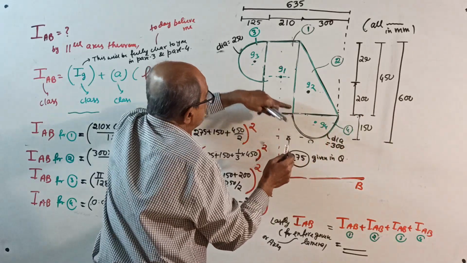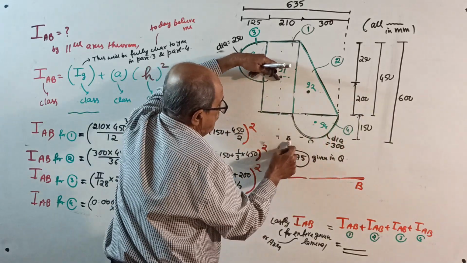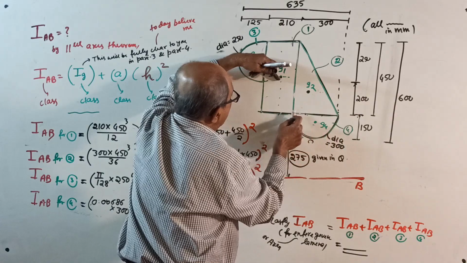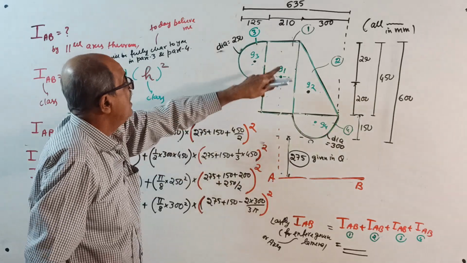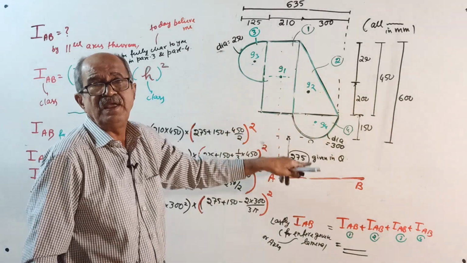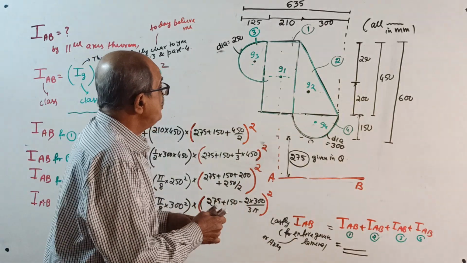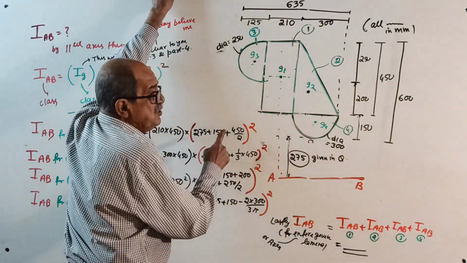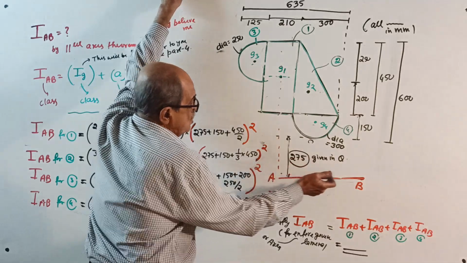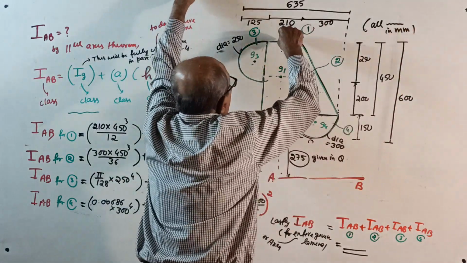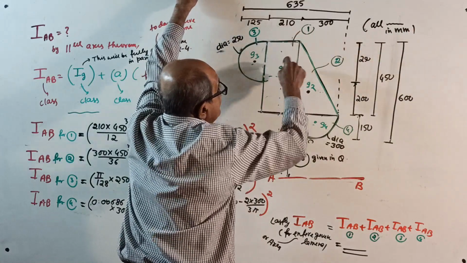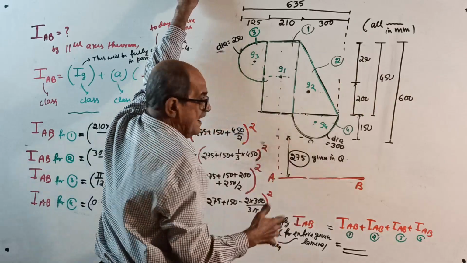That should be clear to you. So 275 plus 150 plus half of 450, whole square, will give I of 1 about the AB axis. Or, instead of this, you can write 275 plus 600 minus half of 450. That also will do.